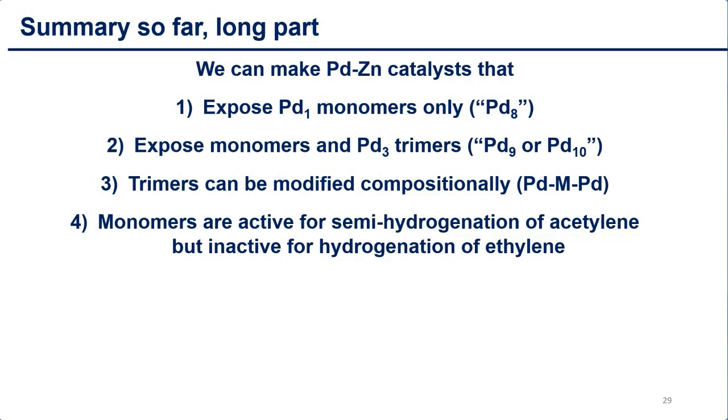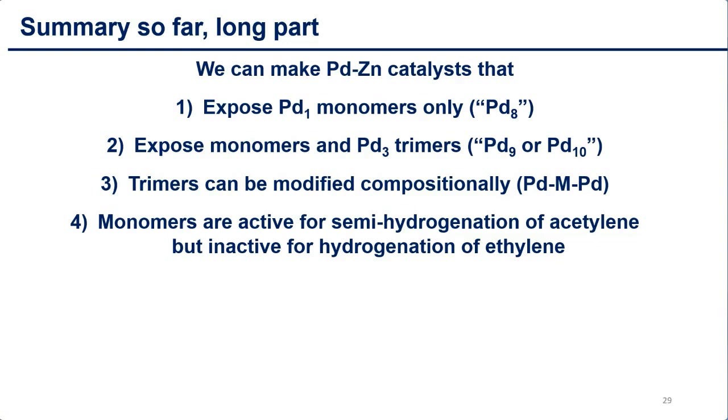Palladium-8 gamma brass materials expose only monomers, whereas palladium-9 and palladium-10 expose both monomers and trimers of palladium. We've demonstrated that these trimers can be modified compositionally, by the addition of a coinage metal, and that modification of composition leads to changes in selectivity during acetylene semihydrogenation.